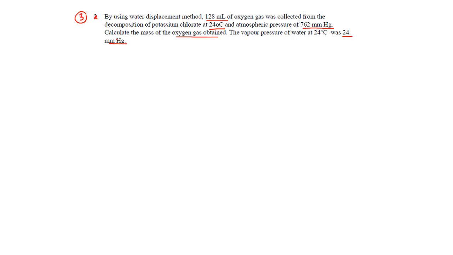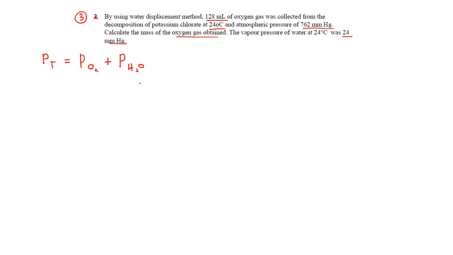So you kena tahu daripada values ni macam mana kita nak cari pressure of oxygen gas. What you need to understand first is the total pressure ataupun atmospheric pressure is equals to partial pressure of oxygen gas plus partial pressure of water vapor. So this is the extra step that you need to know for this question.